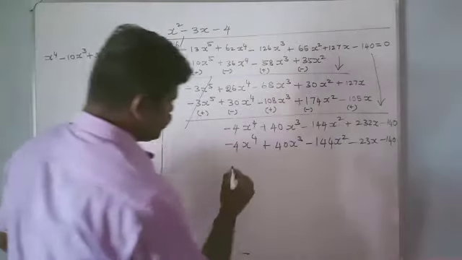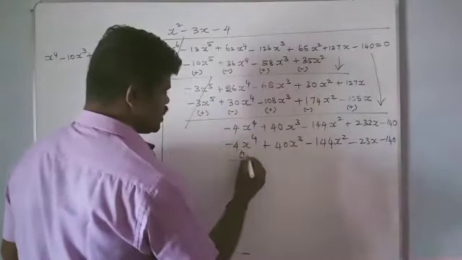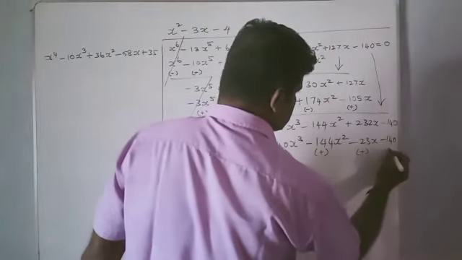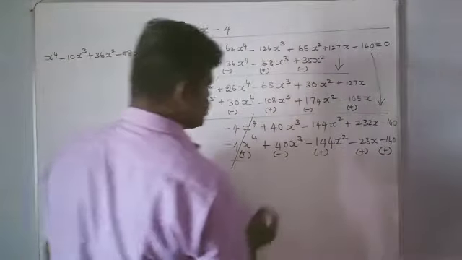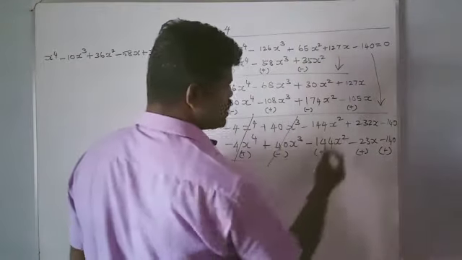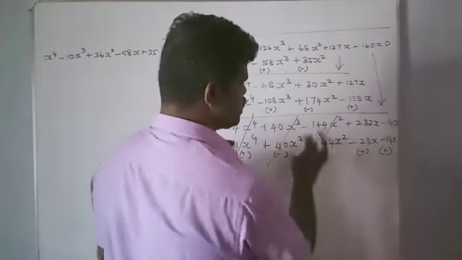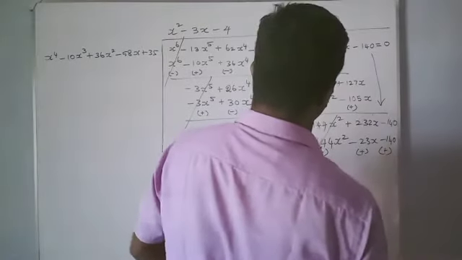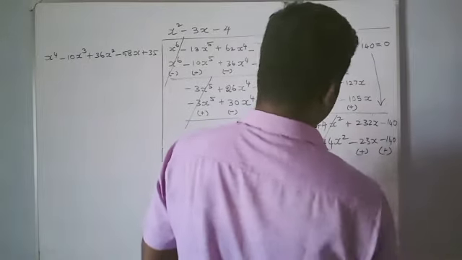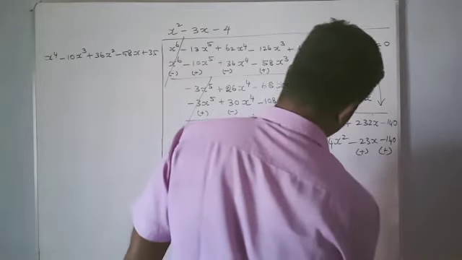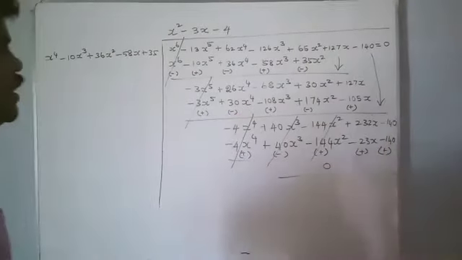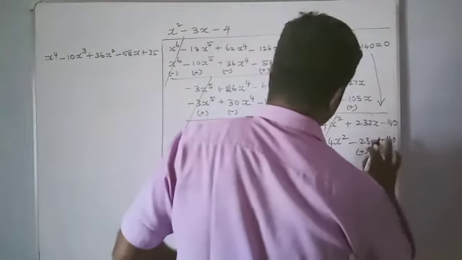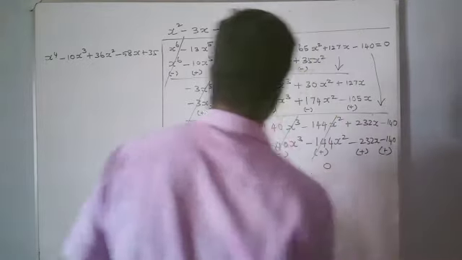Now we want to change the sign here. Plus, minus, plus, plus, plus. Cancel all terms. This is cancel. This also cancels. Minus plus, this also cancels. So the total value is 0, right? 232x.